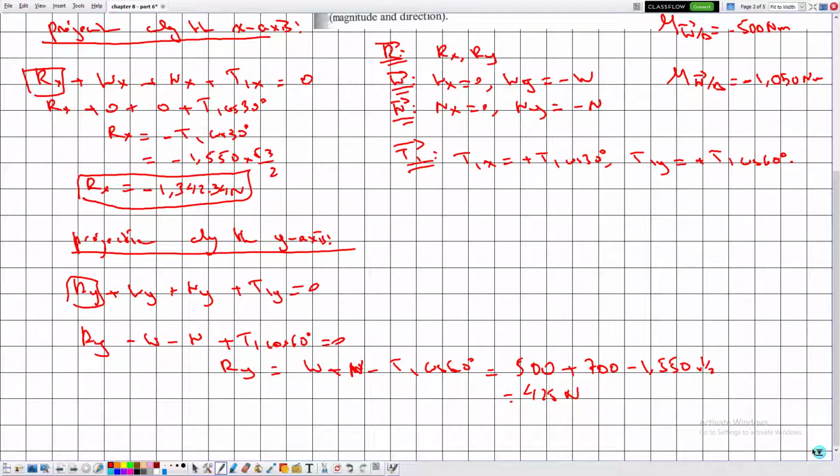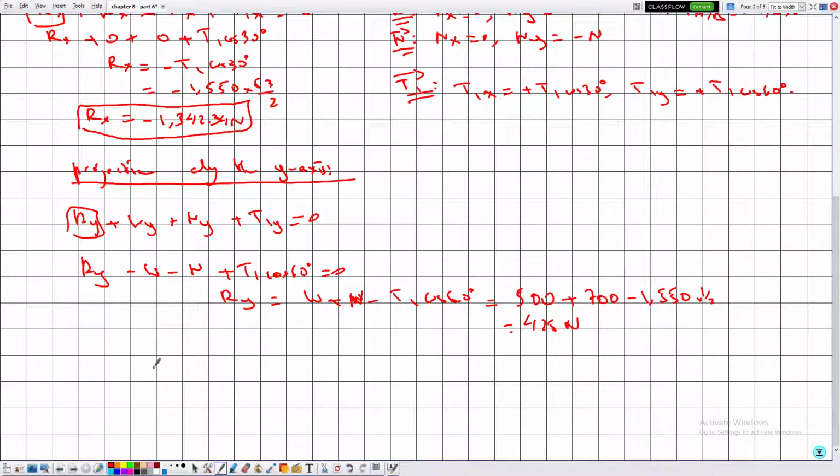Then in the vector notation, R is given by Rx i plus Ry j, which is equal to minus 1342.34 i plus 425 j.